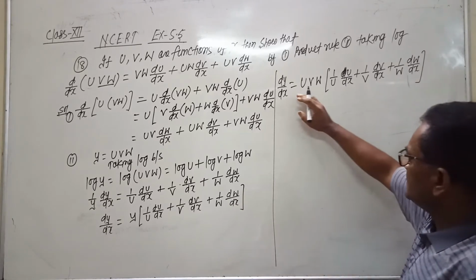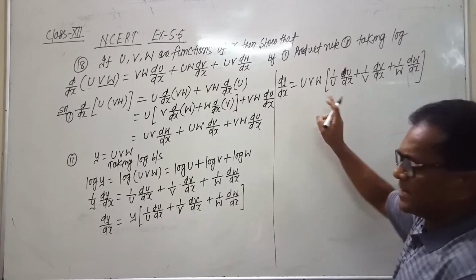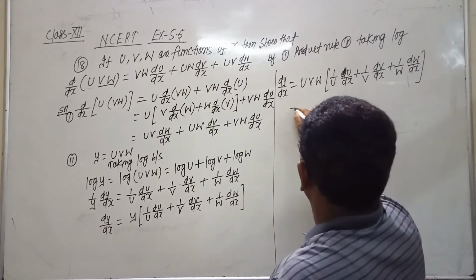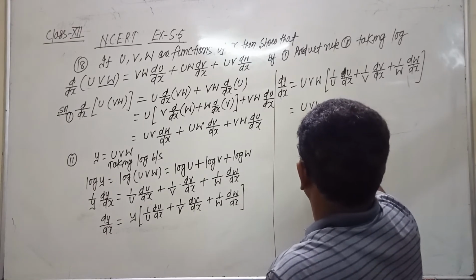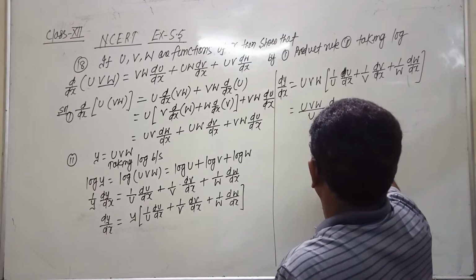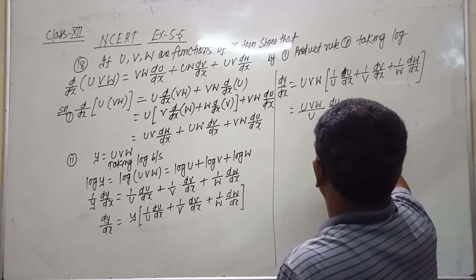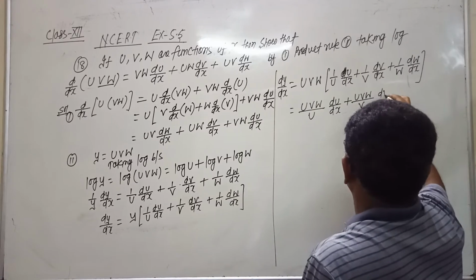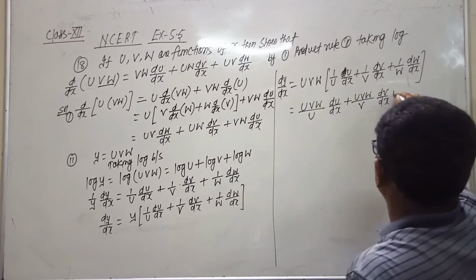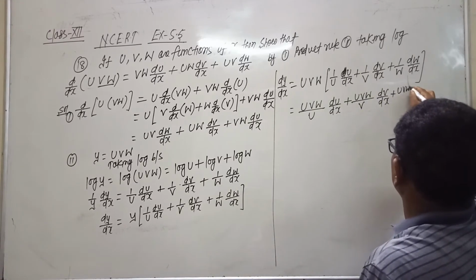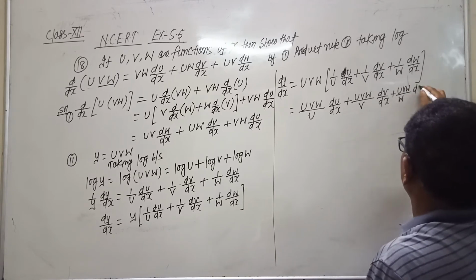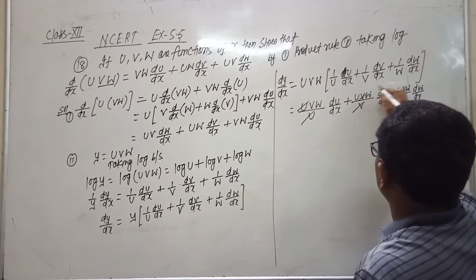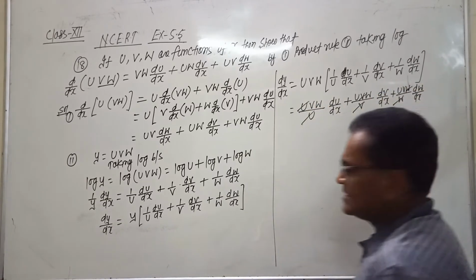Now we will break the bracket by multiplying all these terms by u, v and w. So uvw by u and du by dx plus uvw by v and dv by dx plus uvw by w and dw by dx. So u gets cancelled, v gets cancelled and w gets cancelled.